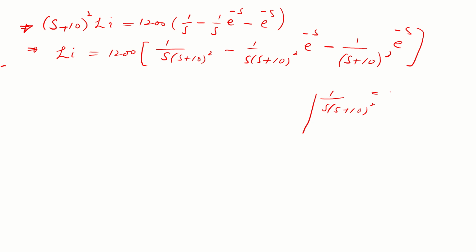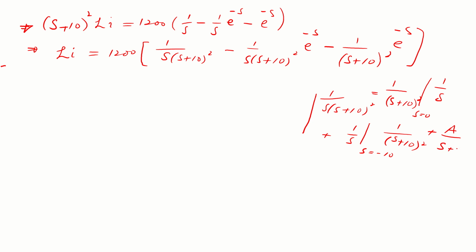To find the values, simply take 1 over s plus 10 squared at s equal to 0, and 1 over s at s equal to minus 10. That's a shortcut method.